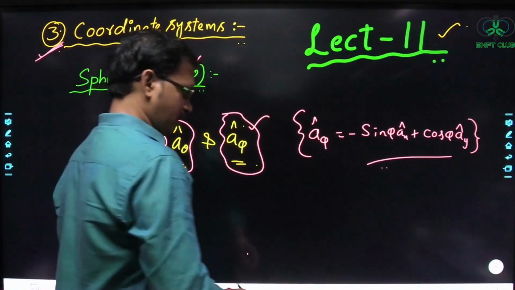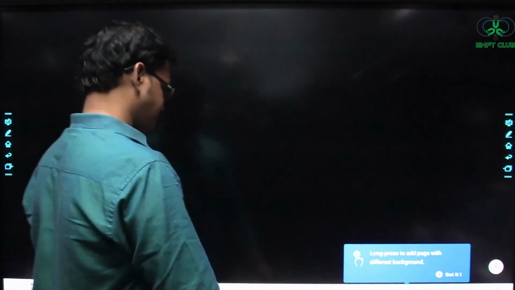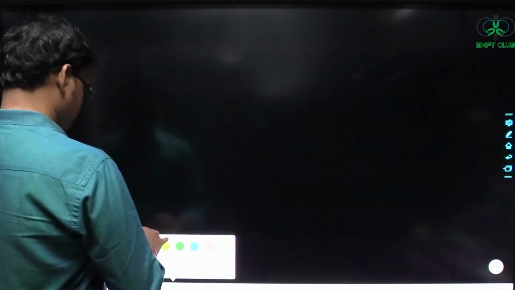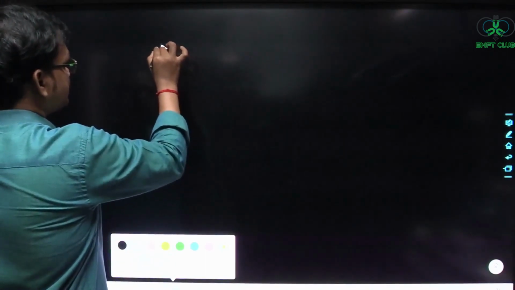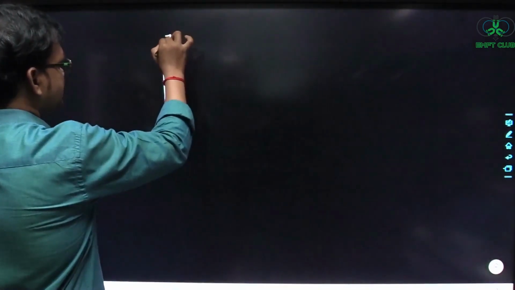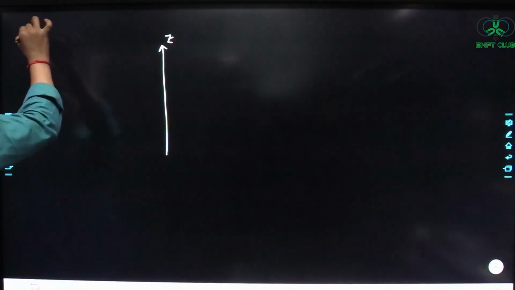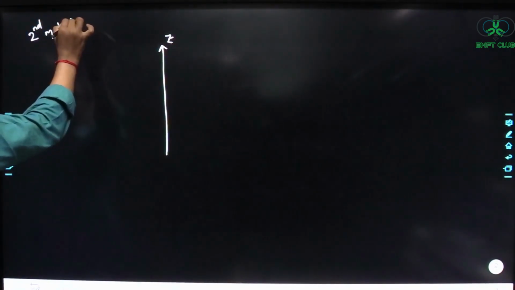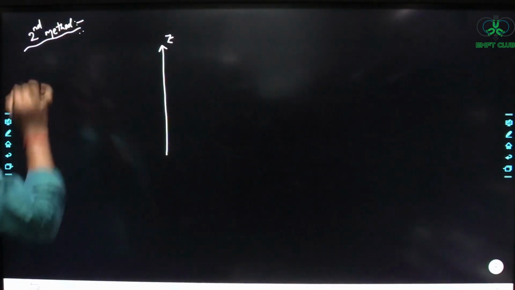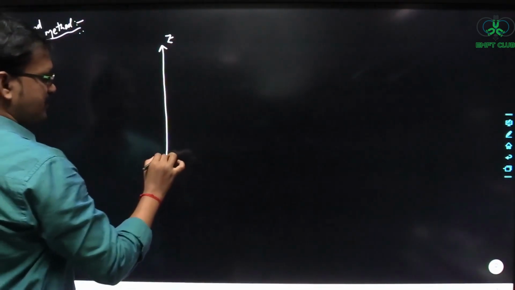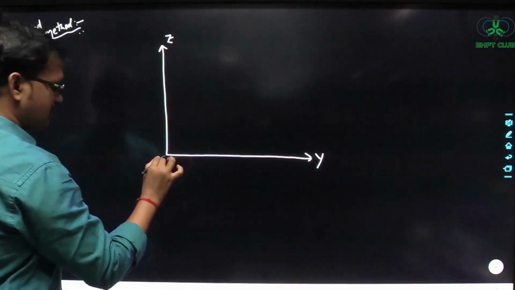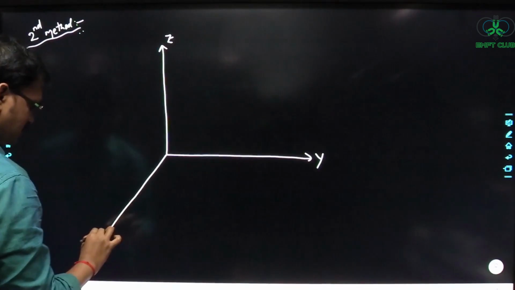Now see here. Let us consider this is the z axis. I am explaining the second method to determine ar cap and a theta cap. We already know what a phi cap is. So this is the z axis, let us say this is the y axis, and this is the x axis.